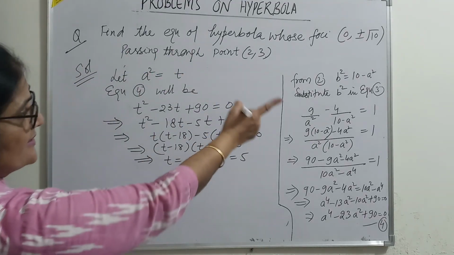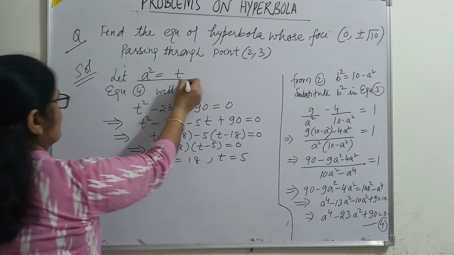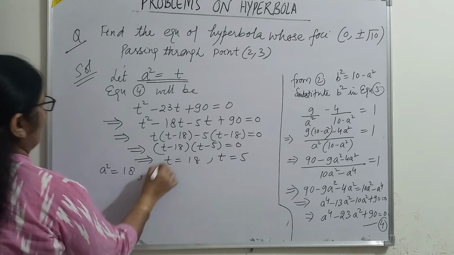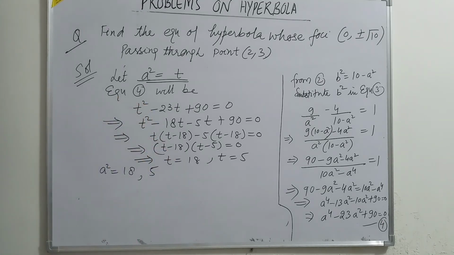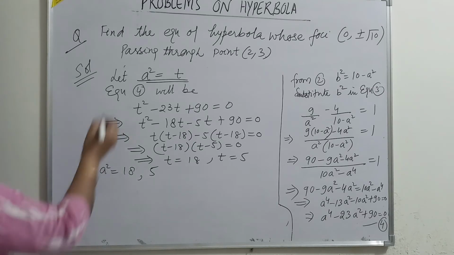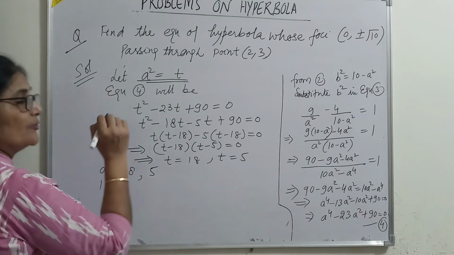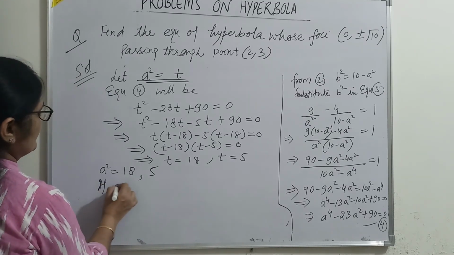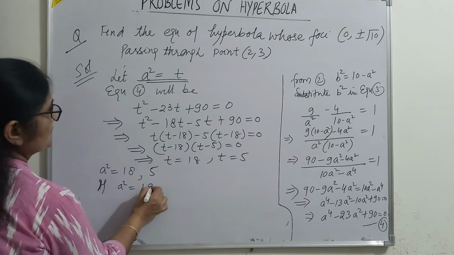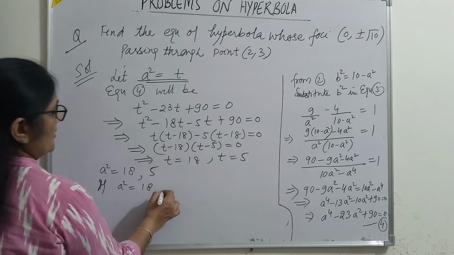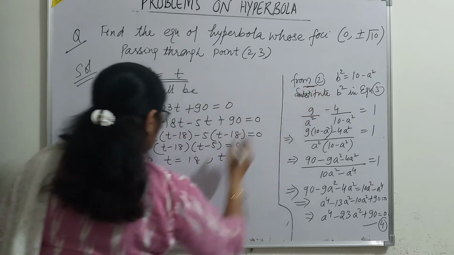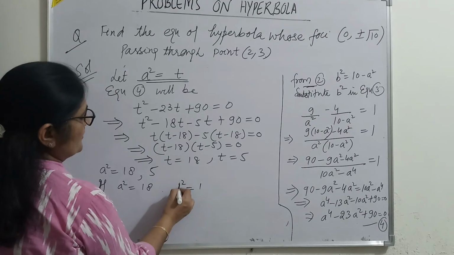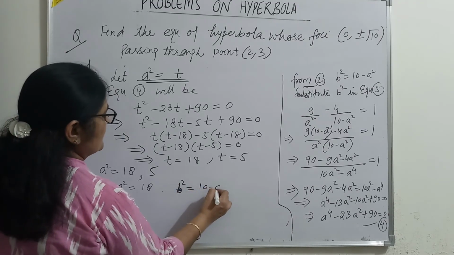Now what was t? Our substitution: a² is t. That means a² is 18 or 5. Now check for the solution, because we have to find b² also. If a² is 18, you know b² from equation 2: b² = 10 − a².